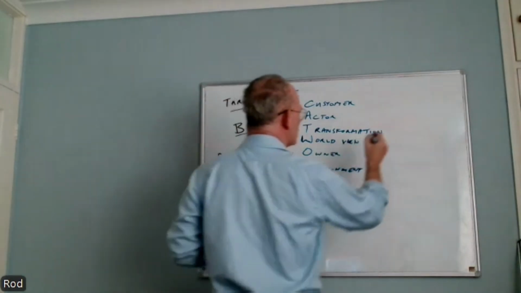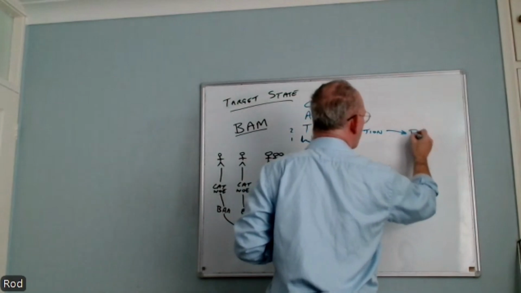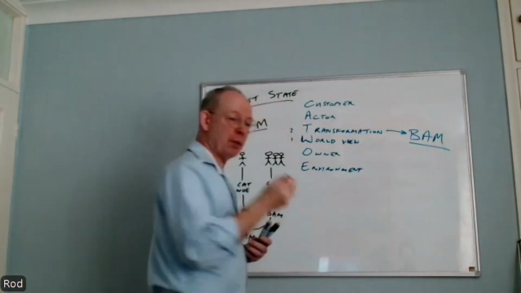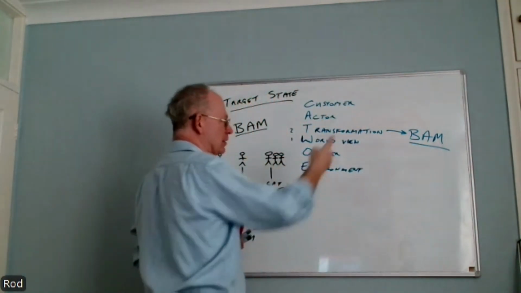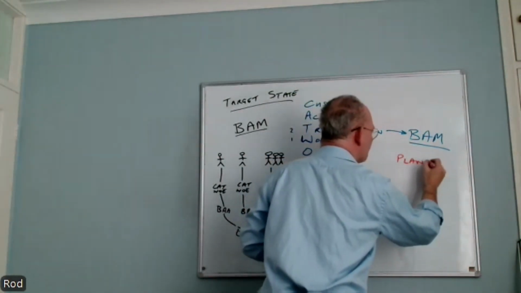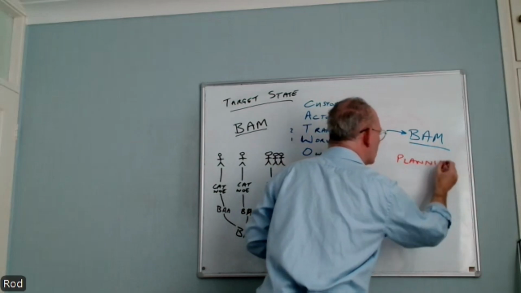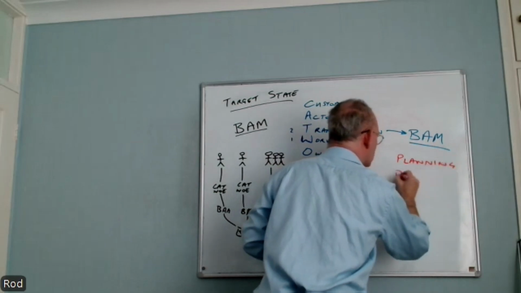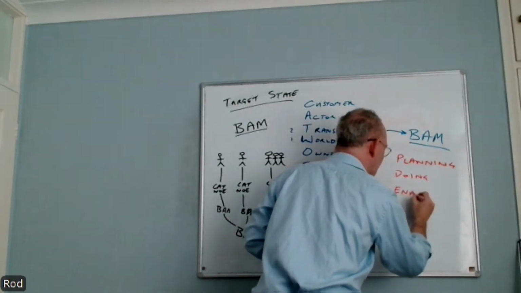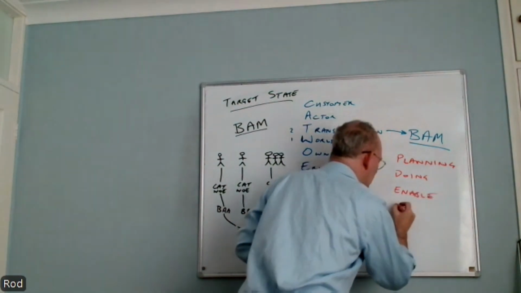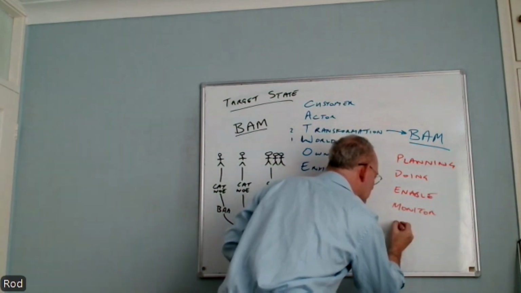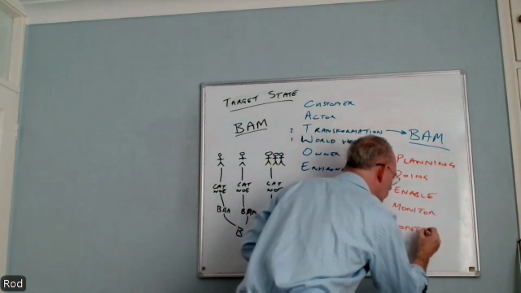This transformation is then put into our BAM, and our BAM consists of several parts, but we're going to talk about the main activities. The business activity model has planning activities, doing activities, enabling activities, monitoring activities, and controlling activities.